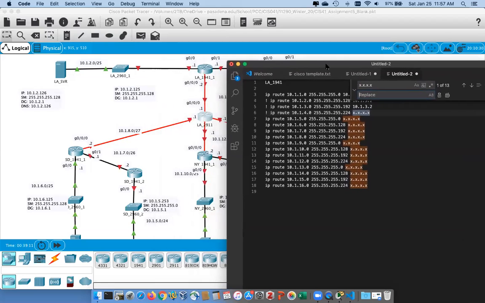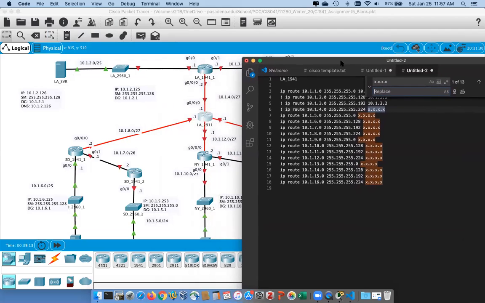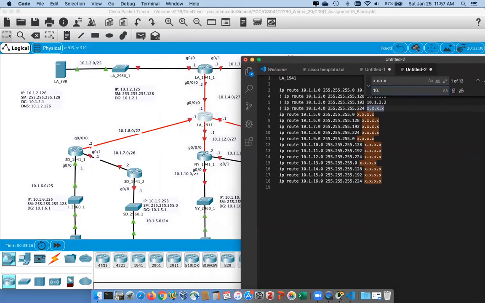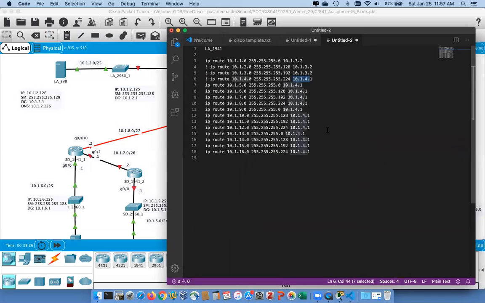We're going to replace all those with 10.1.4.1. Okay, and we'll just replace all. There you have it. There are all of your routes for LA 1941.